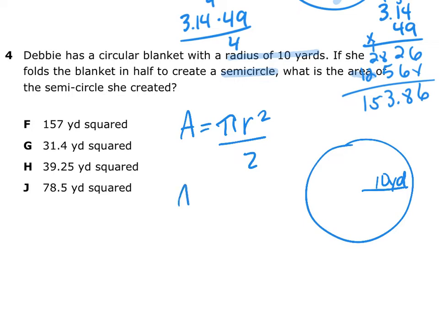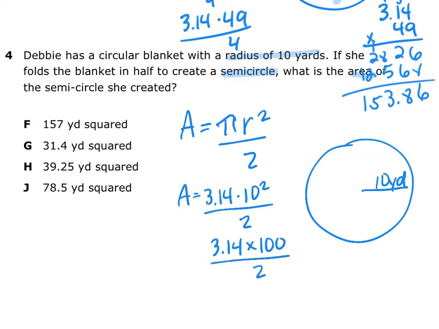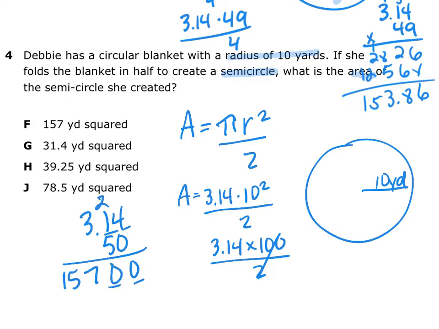So I'm going to say area equals 3.14 times 10 squared divided by 2. 10 squared is 100, so 3.14 times 100 divided by 2. And we can either multiply it by 100 and then divide by 2, or take half right there and go 3.14 times 50. And we should get 157 yards squared.